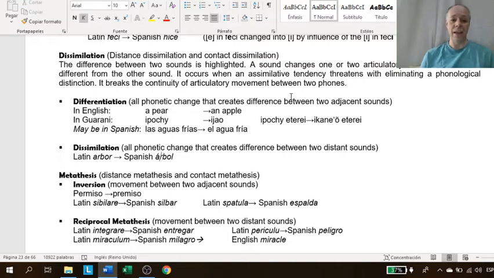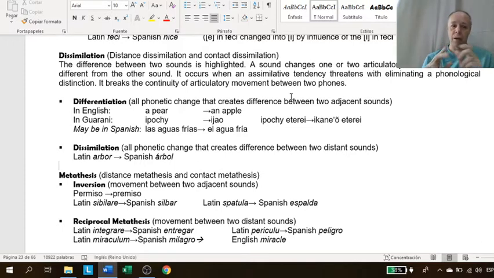So in this case, the R and the L are different, while before they were the same. That's an example of dissimilation. So we have progressive assimilation, regressive assimilation. This is assimilation. The second concept is dissimilation.